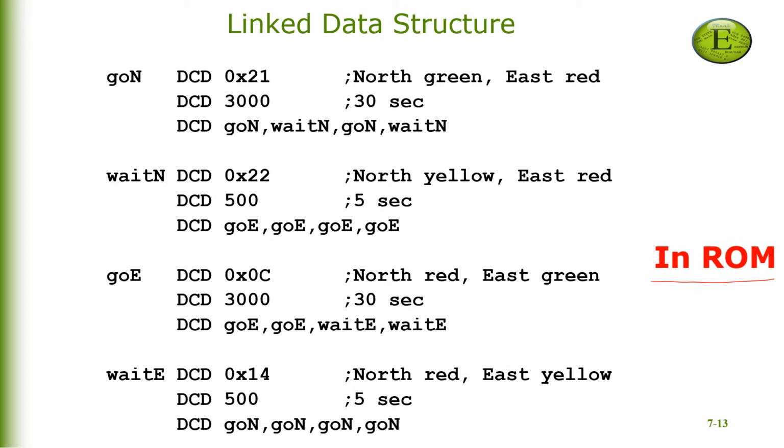Because once encoded, the finite state machine information is not going to change. And what are those pieces of information? The output, the wait time, and where can we go from one state to another, the neighboring states.